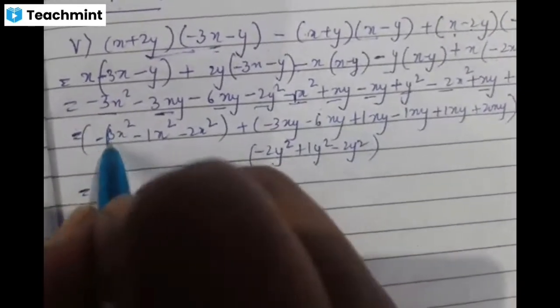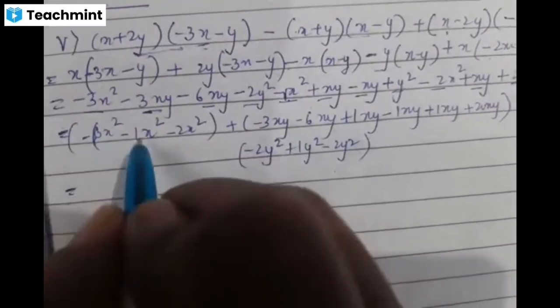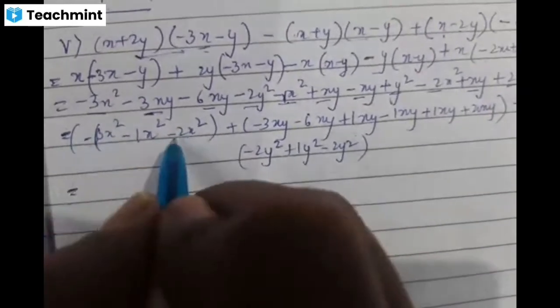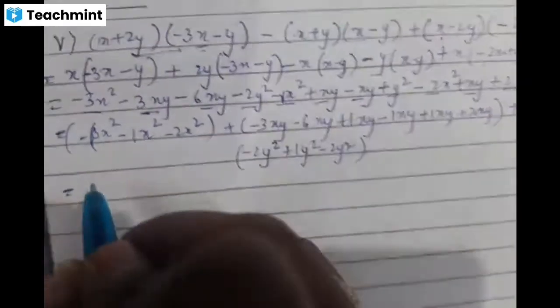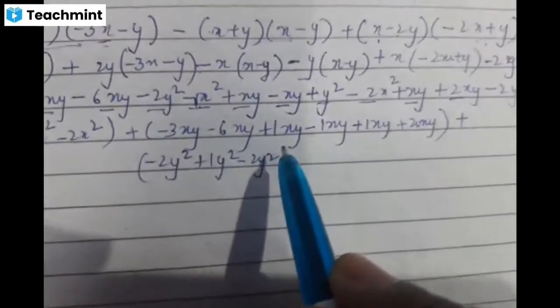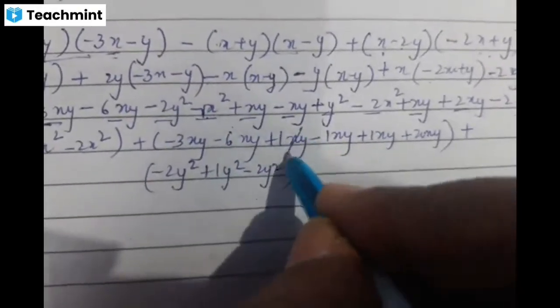Here you have minus 3x square. Minus 3, minus 1, minus 2. All are having the same sign. Add and keep the same sign. Minus 6x square. Here xy terms are there. So what I do, I cancel 1xy and minus 1xy. Minus 3 minus 6 is minus 9.